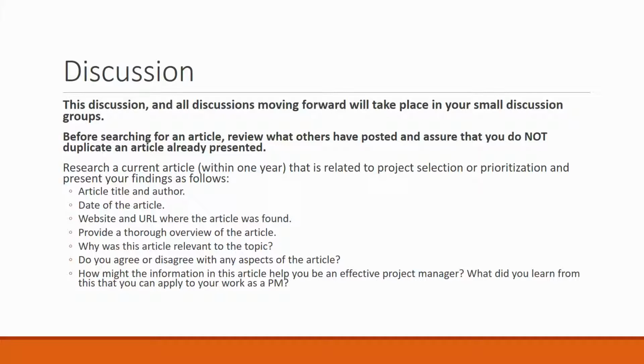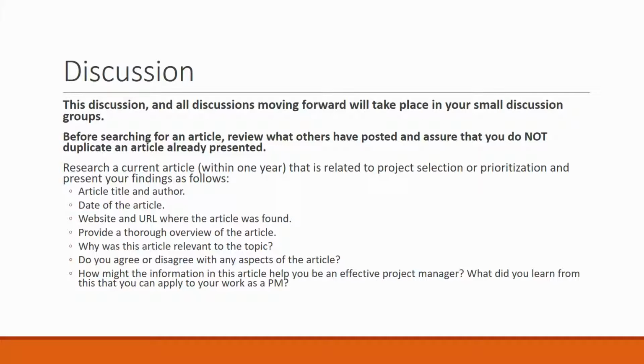And what I want you to do is answer the following. You're going to identify the title of the article and the author. You're going to identify the date of the article and the website or the URL where the article was found. You're going to provide a thorough overview of the article. I want to know what was found in the article, and I guarantee you, you're going to need more than a couple of sentences to do that.